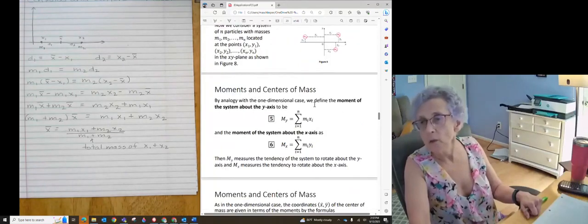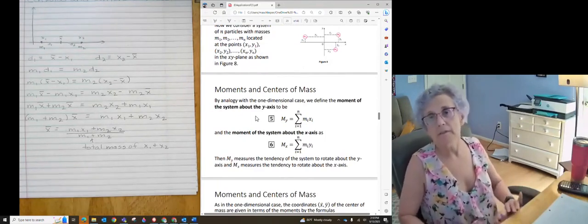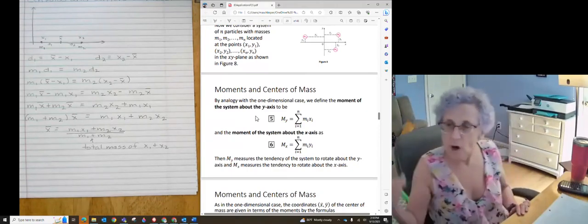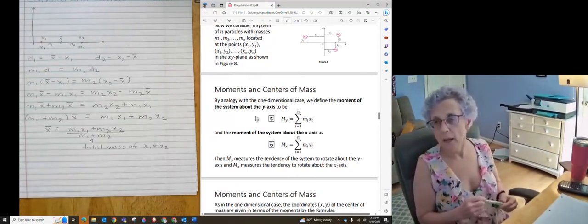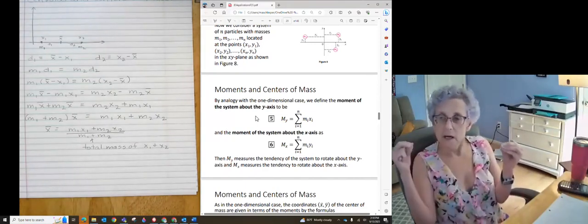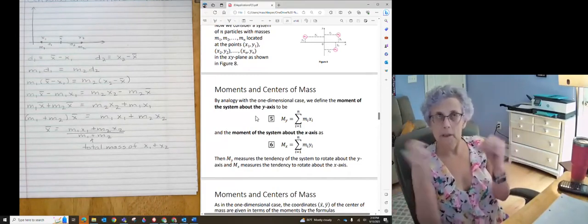If we want the moment, which is the tendency of the system to revolve around the y-axis, the moment of the system about the y-axis, you take the mass of the object times its x-coordinate.